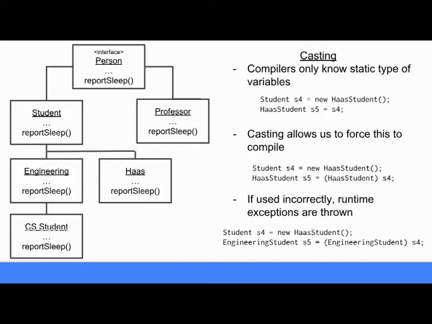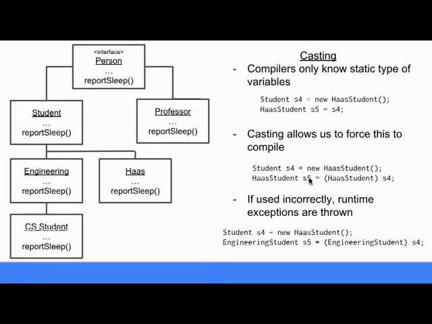One way we can get around this compiler thing is that we can use casting, which basically is a promise that we as programmers know what we're doing. And in a sense, we can traverse the compiler's rulebook, playbook, and force this code to compile. So for instance, again, we have the same situation as above. We have S4, whose static type is student and dynamic type is host student.